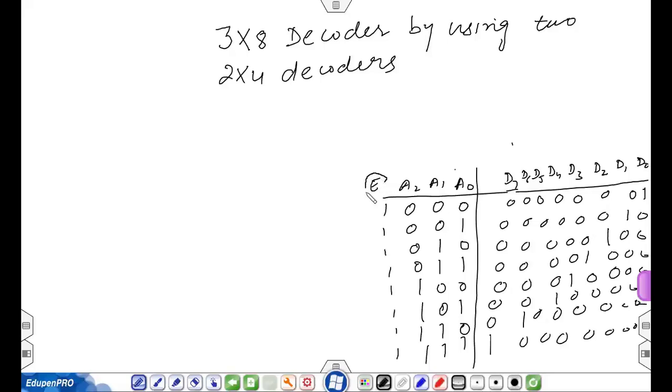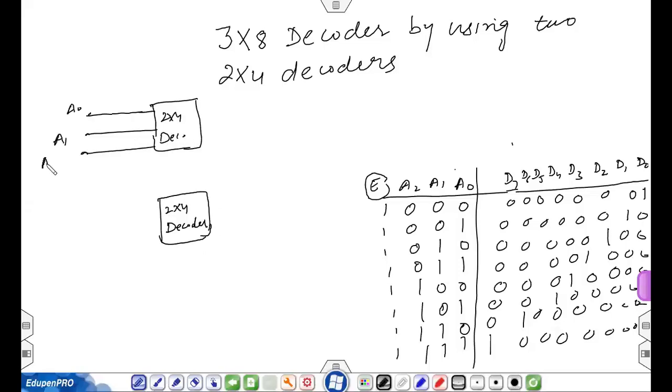Suppose you have a 2 to 4 decoder with enable, and another 2 to 4 decoder. Here the outputs of each decoder are 4 outputs, D0, D1, D2, D3.